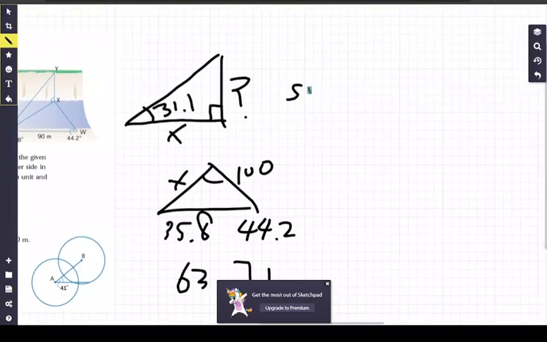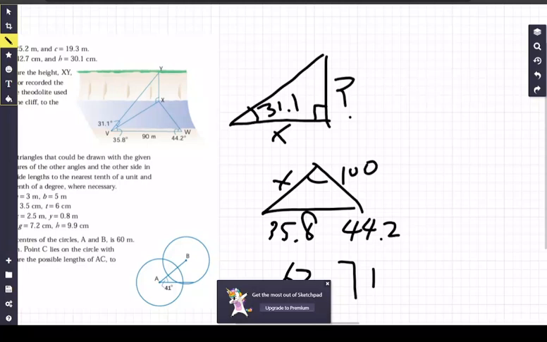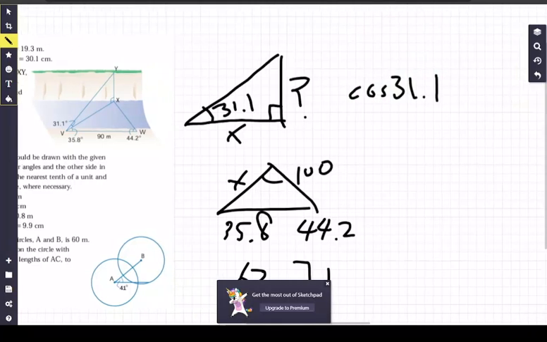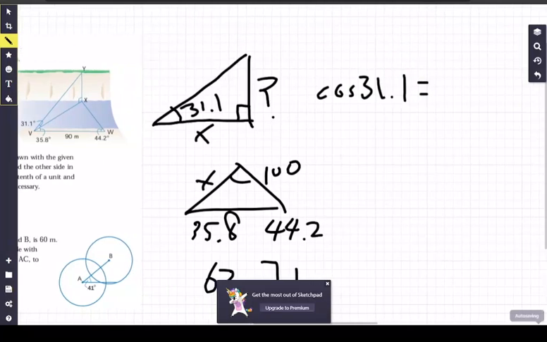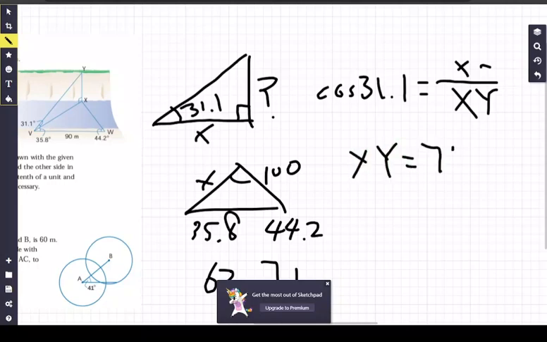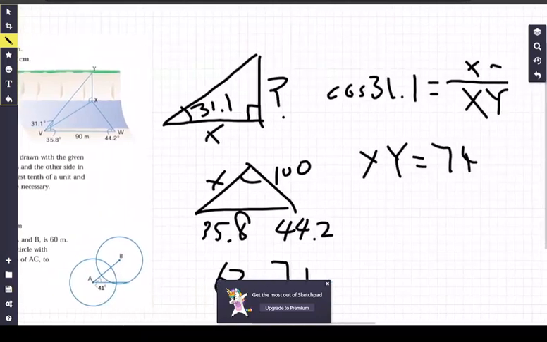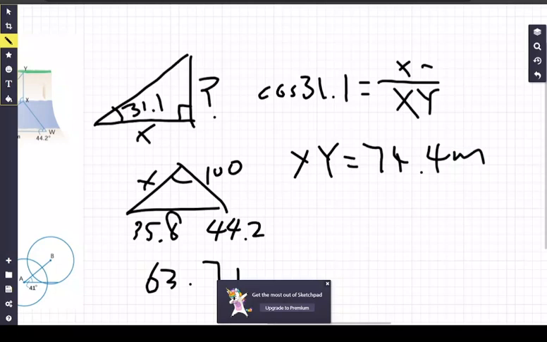Cosine of 31.1 is equal to the side we found earlier, which is adjacent, over hypotenuse, which is xy. So we divide the number we found earlier by cosine of 31.1 degrees. Finally, xy gave me 74, and rounding to the nearest tenth of a meter, 74.4 meters. Alright, so that is that.